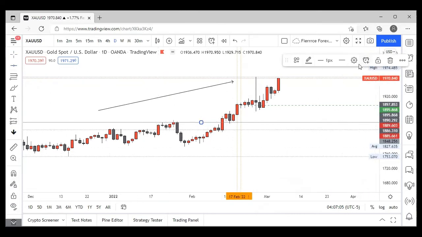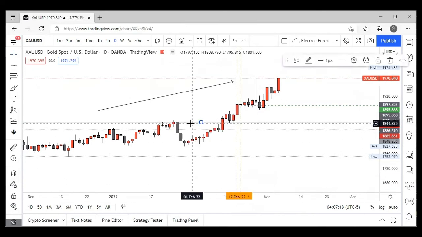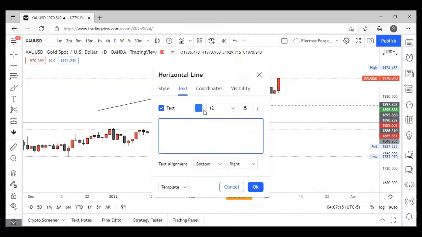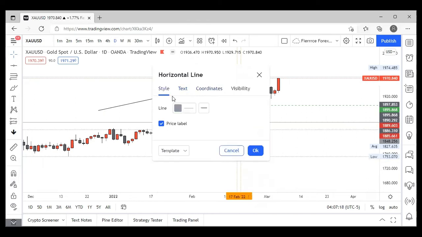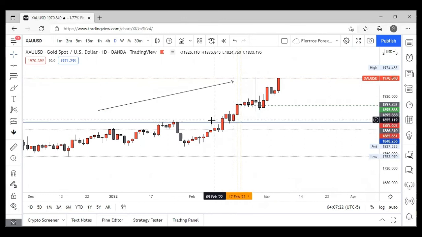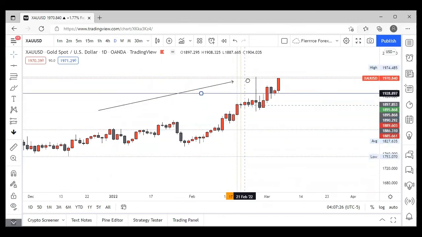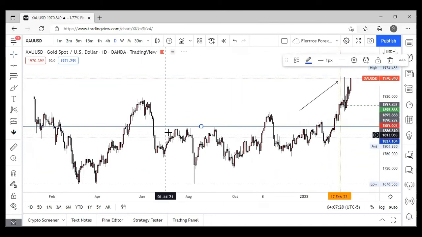Again, if I want to customize it, I can change the color to blue. There we go. If I want to move it up, I may. If I want to move it down, I may, anywhere.